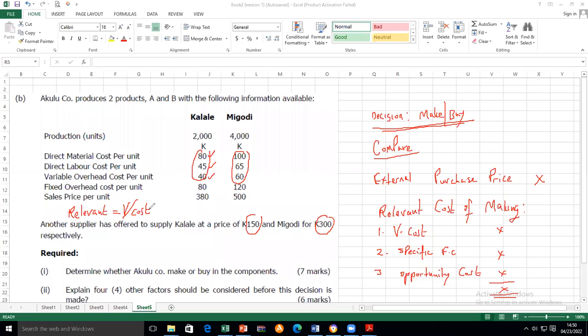So let's go. You add up the variable costs. What is the answer?